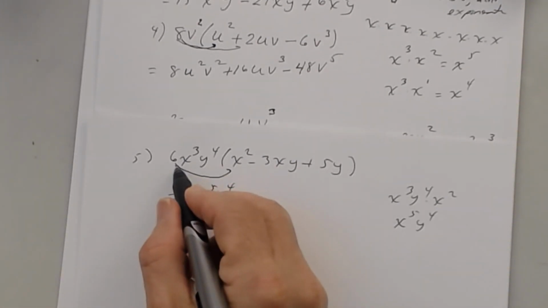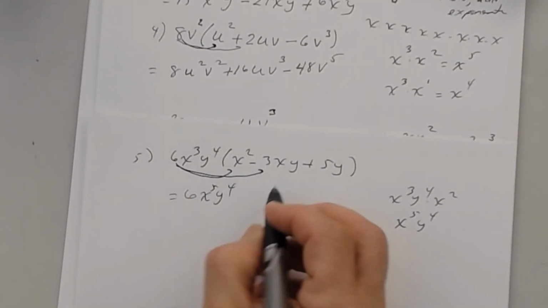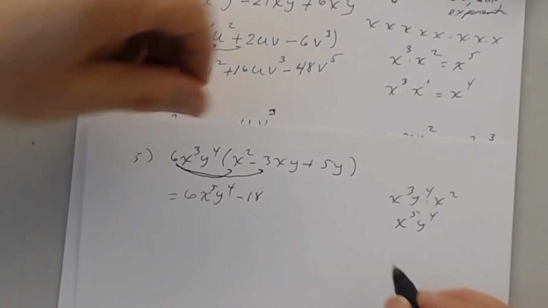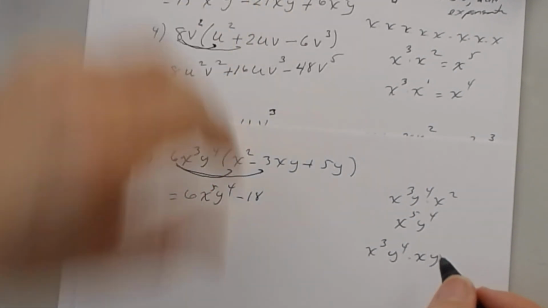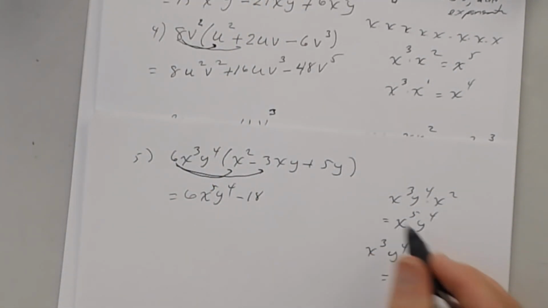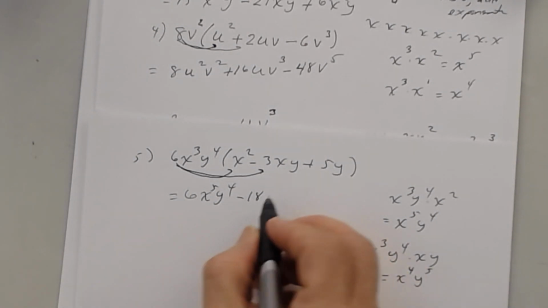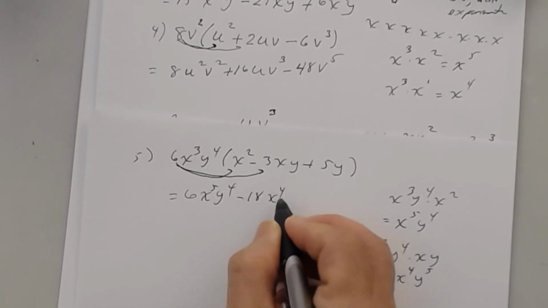All right, now what is 6 times a negative 3? Okay, now what is x cubed y to the 4th times xy? What's that? X to the 4th, y to the 5th. Y'all agree? Okay, so that'll be minus 18x to the 4th, y to the 5th.